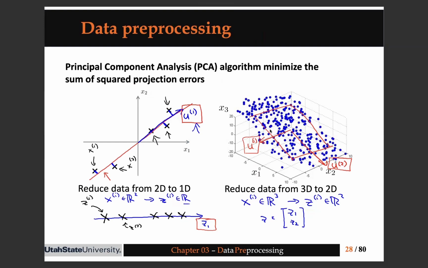What I mean by the sum of squared projection errors, as you can see on the left-hand side here, is that data is reduced from 2D, where we have x1 and x2 in the original feature space. So in theory, we should have only two columns, x1 and x2, and every single X here in the scatter represents one tuple or one object from our data set, which are the rows of our feature space.